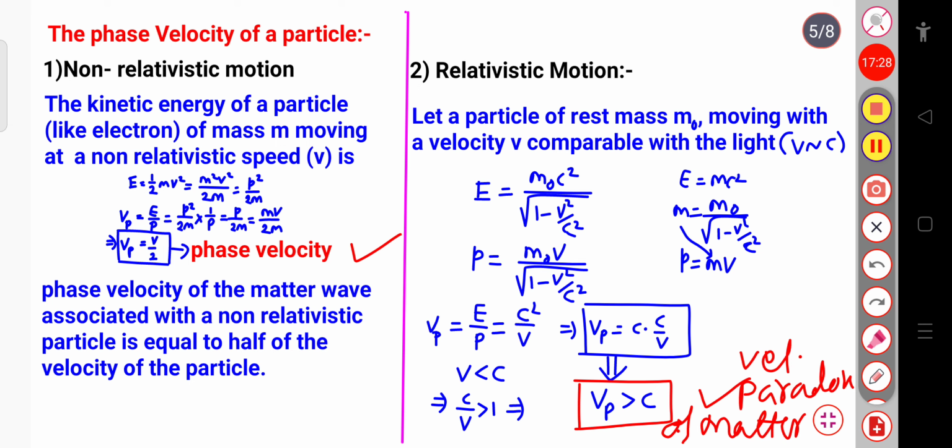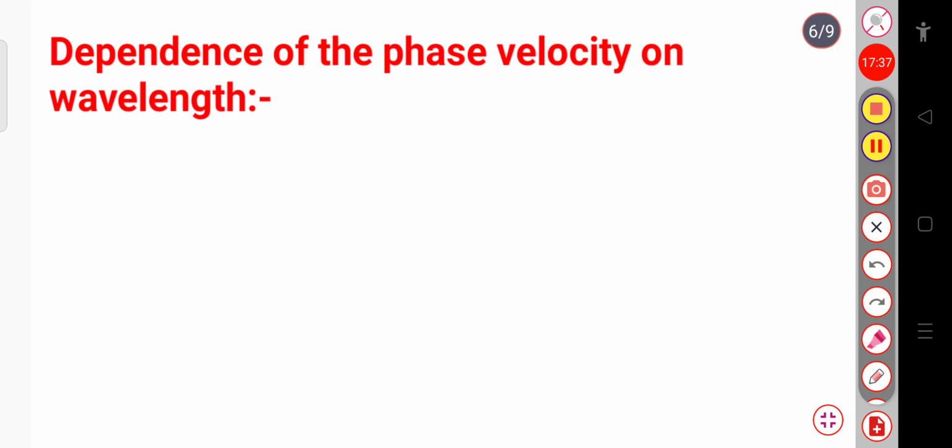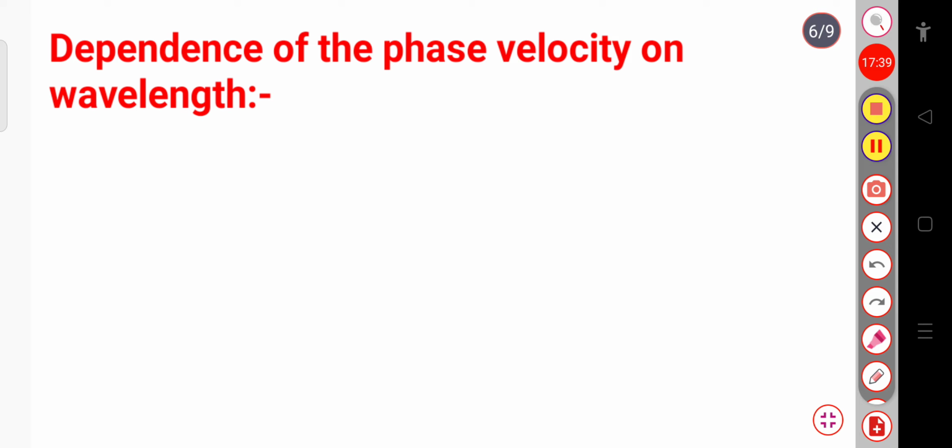Okay, now we will calculate how the phase velocity depends on the wavelength. So here we will see the dependence of the phase velocity on the wavelength.